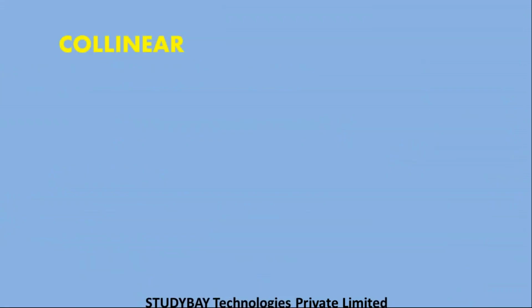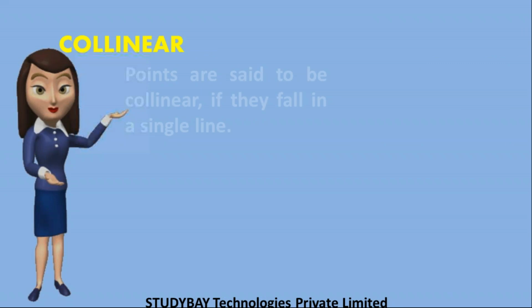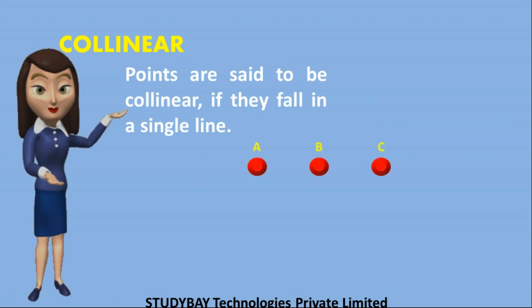Now something about collinear points. Points are said to be collinear if they fall on a single straight line. Let's say we have these 3 points A, B and C, and if we are able to draw a straight line that passes through all these 3 points, then these 3 points are said to be collinear.